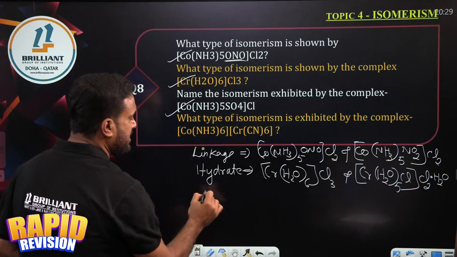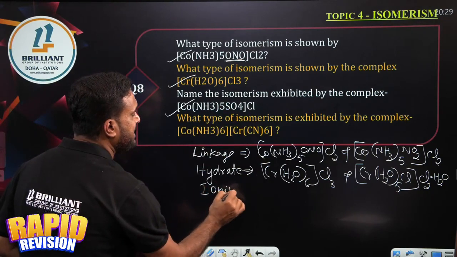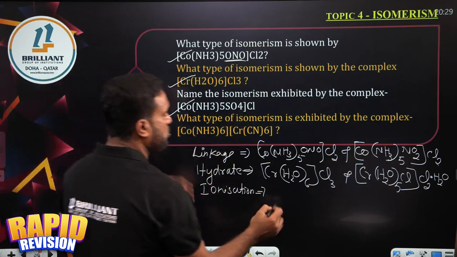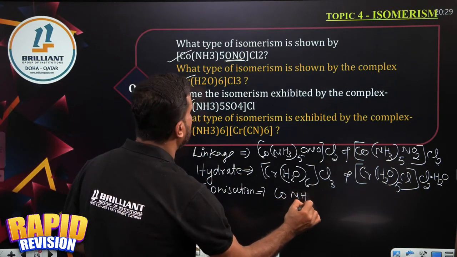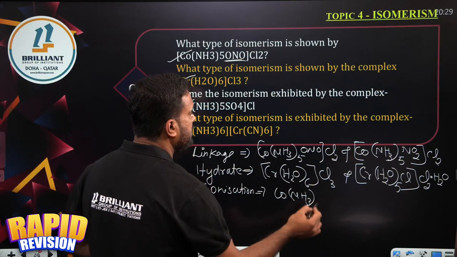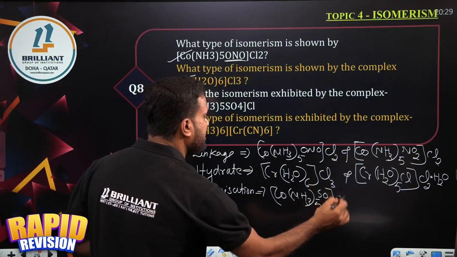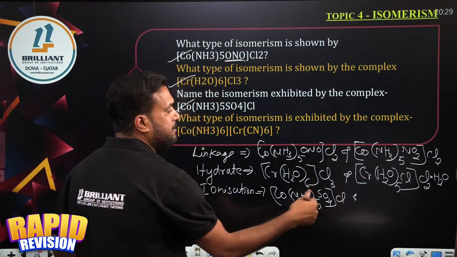Okay. The third one is ionization isomerism. Ionization isomerism means it produces different ions in aqueous solution. The first isomer is [Co(NH3)5SO4]Cl, with SO4 inside and Cl outside.